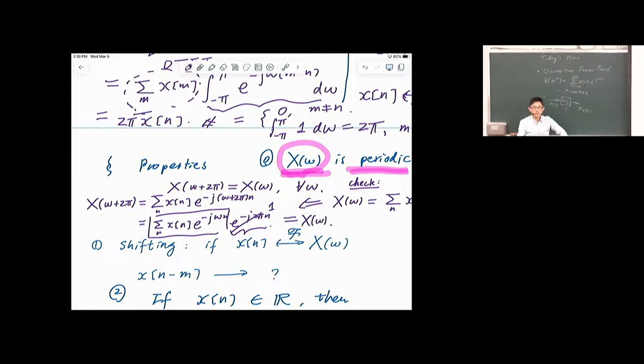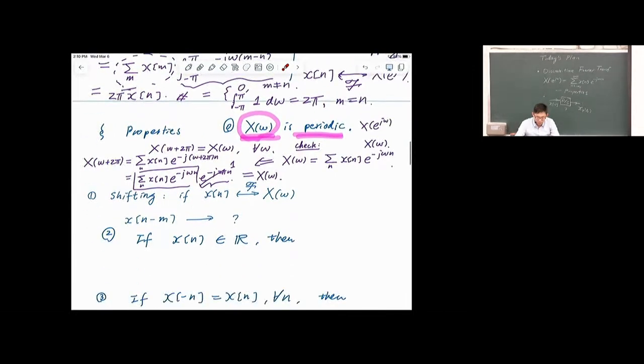X evaluated at omega plus 2 pi turns out to be always equal to X of omega. Any discrete time Fourier transform will be periodic, will repeat itself every 2 pi. So that's a simple enough property for us to understand.